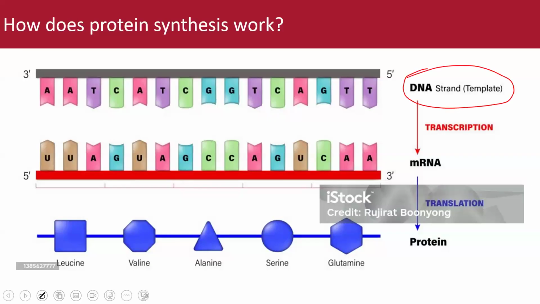So DNA has A, T, C, and G. mRNA has A, U, C, and G. You just got to remember in mRNA, the T becomes a U, like it's uracil. And then each one of those codons makes an amino acid that then makes a chain. Now I'm going to show you the protein synthesis diagram.